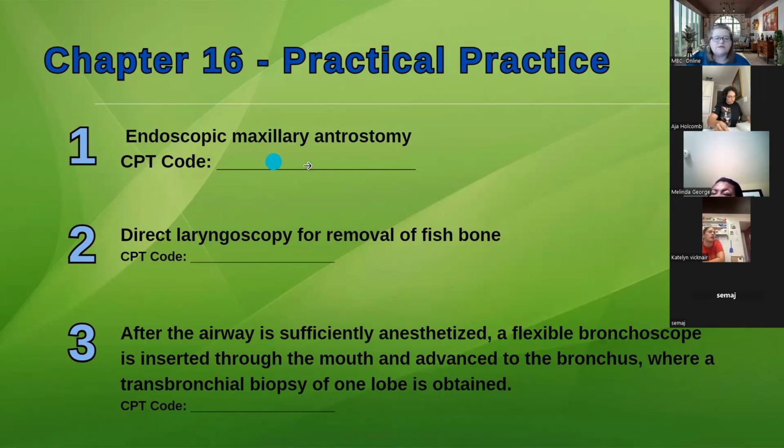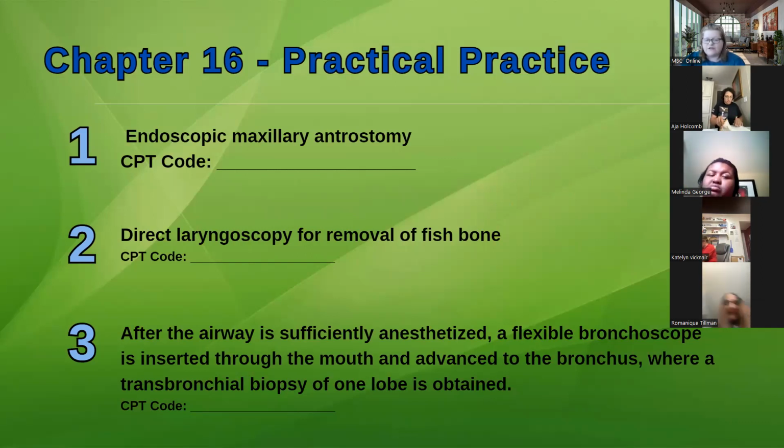All right, an endoscopic maxillary antrostomy. Maxillary is going to be dealing with the nose. In chapter 16, we're dealing with the respiratory system, which includes the nose, bronchial tubes, lungs, all that good, fun stuff. Once you locate antrostomy in the alphabetic index, you're going to start going down and look for, I'm going to guess, sinuses, because all your maxillary stuff is up in your sinuses.